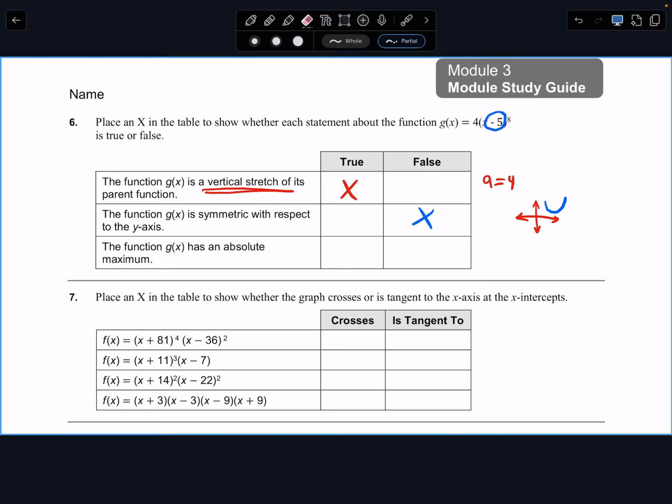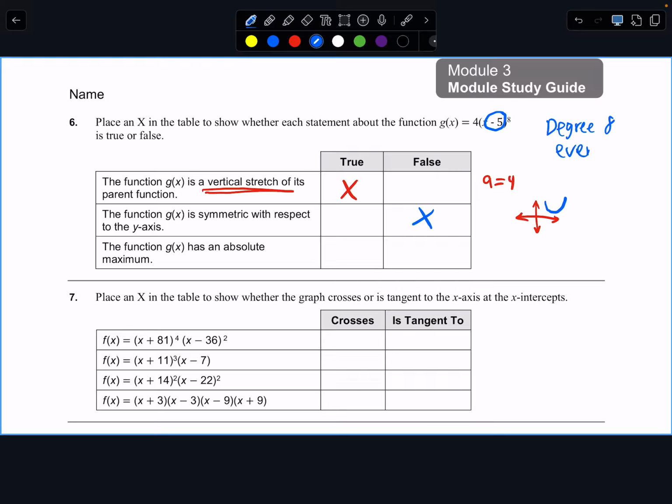Another way to figure this out is, what is the degree of our polynomial? What is the degree of it? Say again? 8. It's 8, right? So the degree is 8. Is this even or odd? Even.